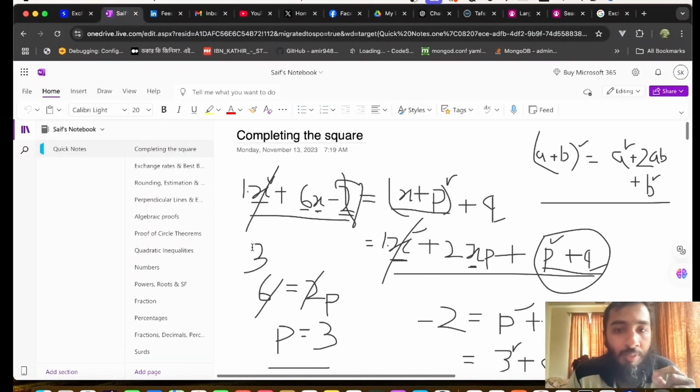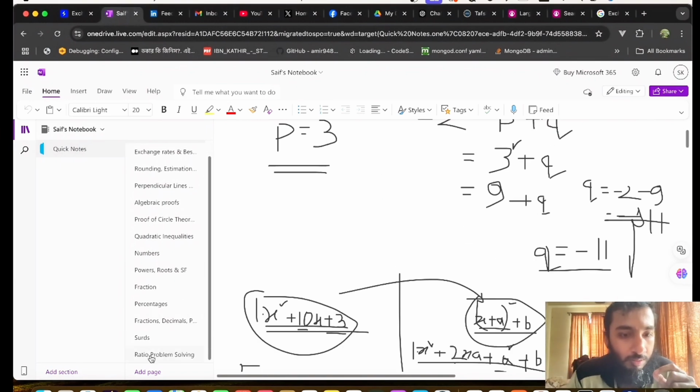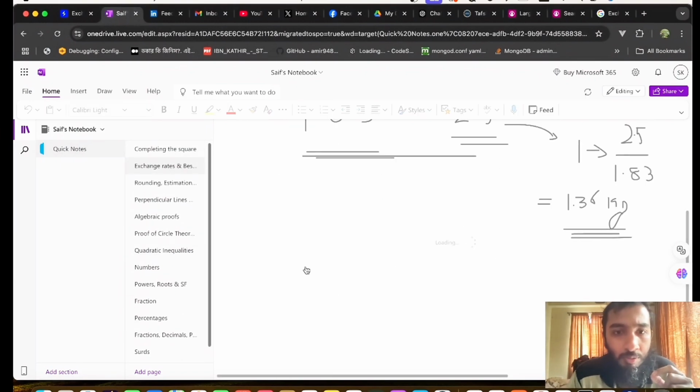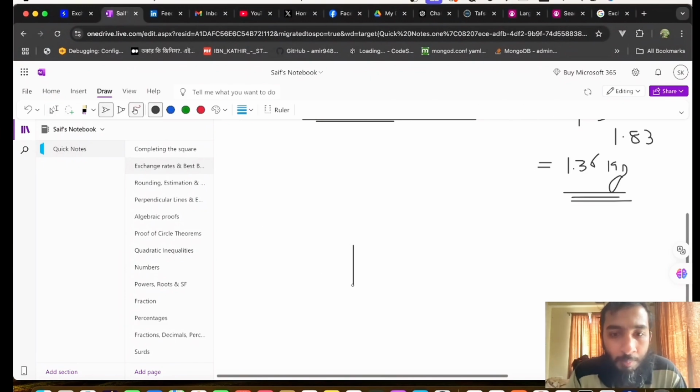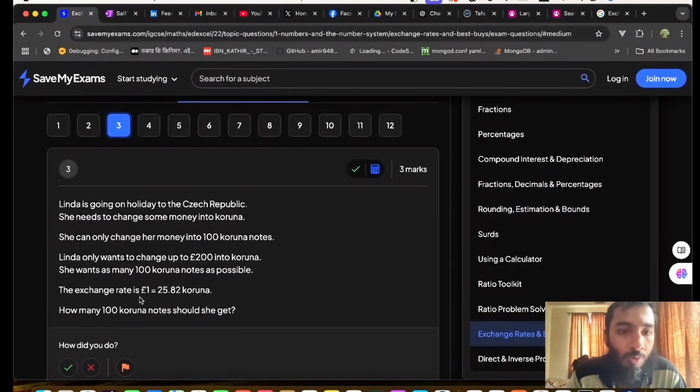So let's get the information from here. What is the information? 1 pound is 25.82 koruna, right? Let's say this is P and this is K. 1 pound is 25.82 koruna.